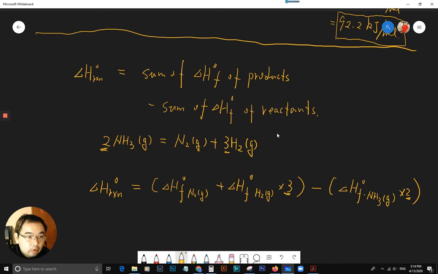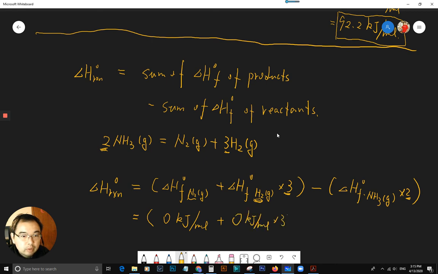We also talked about how, as long as they are elements in their most stable form, the enthalpy of formation is 0. So the enthalpy of formation of nitrogen gas is 0 kilojoule per mole. And the enthalpy of formation of hydrogen gas, the most stable form of hydrogen, is also 0 kilojoule per mole.